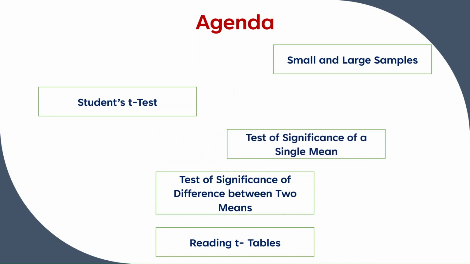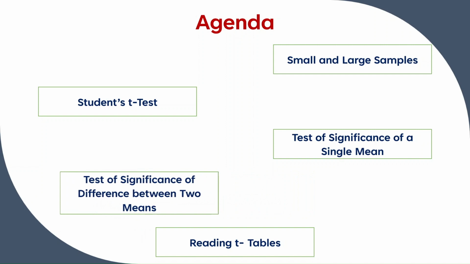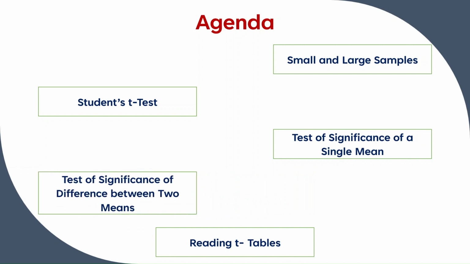Then we will move forward to hypothesis testing using the t-test. The t-test is applied for testing the significant difference of the mean of a random sample, and it is also applied for testing a significant difference of two means. And in the last, we will move forward to reading t-tables.